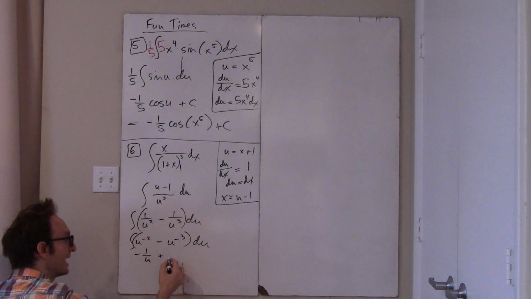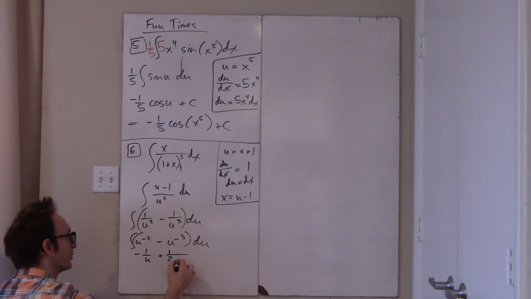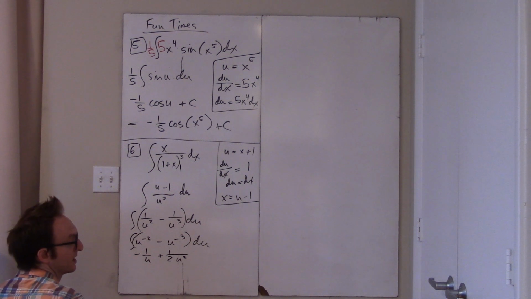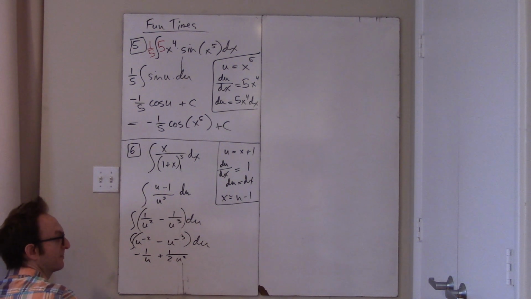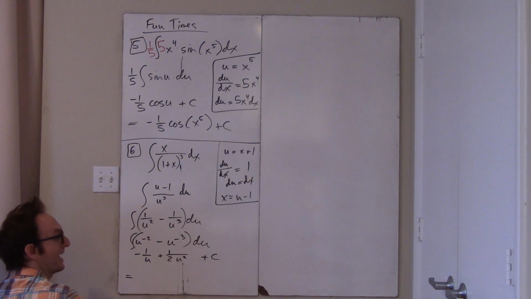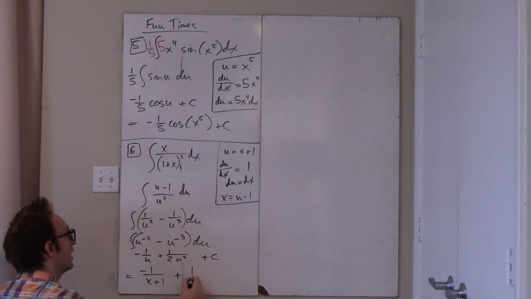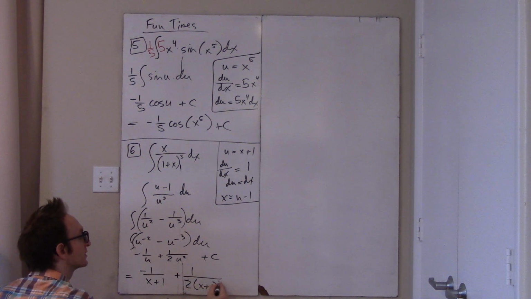So that becomes plus 1/2, or 1 over 2u squared, I guess. I'm just double checking that, but yeah, it's totally right. Plus c. And therefore my final answer is negative 1 over x plus 1 plus 1 over 2 times x plus 1 squared plus c.